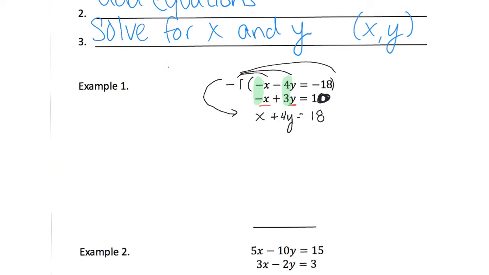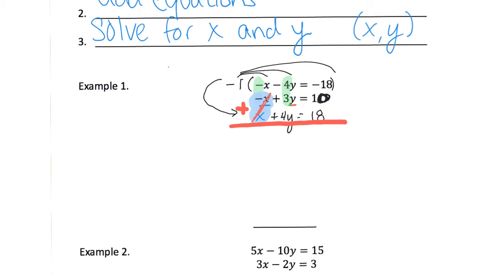Okay. So now, after I get my x's to be one negative x and one a positive x, I can add up these equations. And we're hoping that one of these cancel.